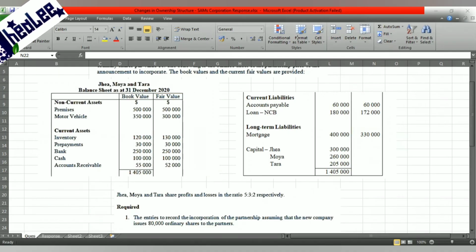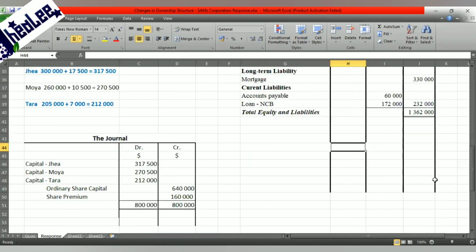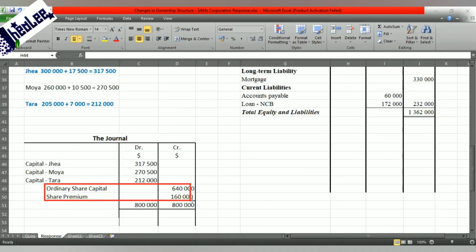And also, additional information that you need for that is information coming from this, where you show the purchase of the shares. So that is it. The purchase of the shares by the partners, or the sale of the shares by the new business, which is SAMS, right?